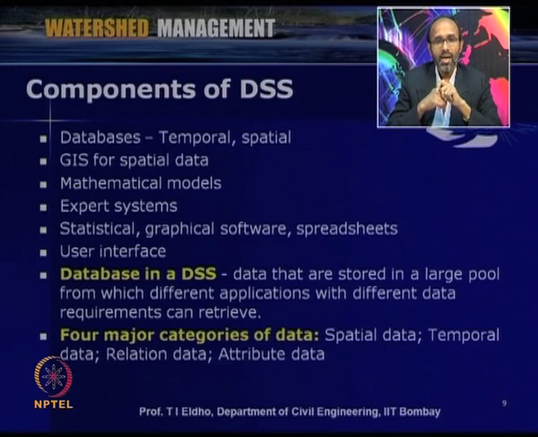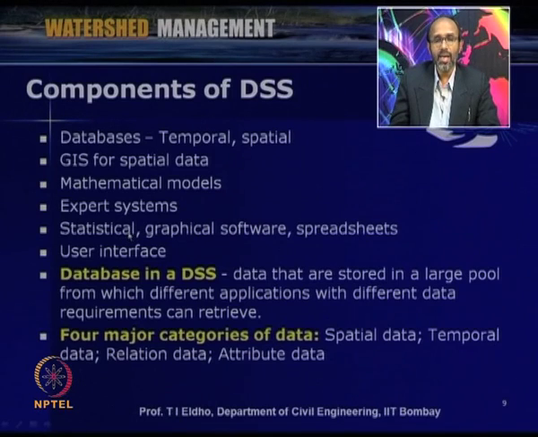Another one is the mathematical models, the computer models which we will be running to generate the results. Another component can be expert systems. For each particular problem or model, we can have an expert system related to simulation or optimization, and that can also be a component of the decision support system.